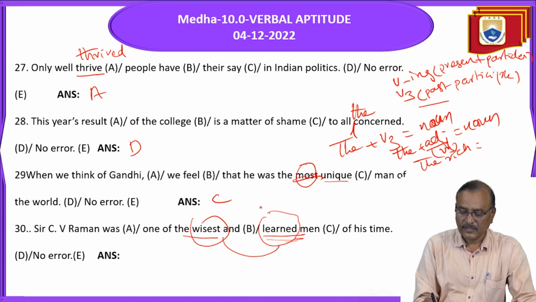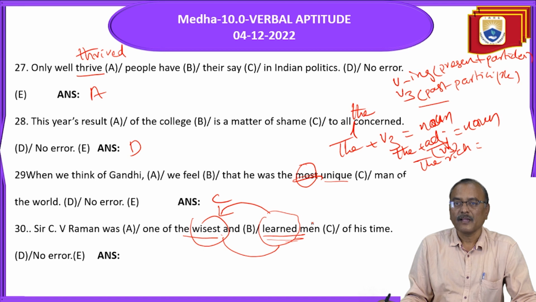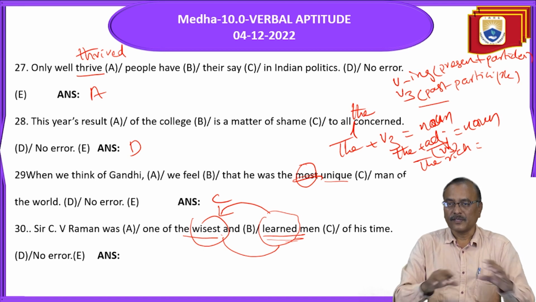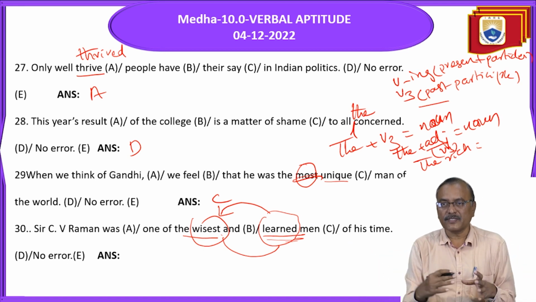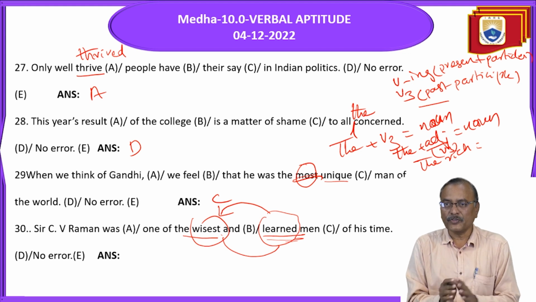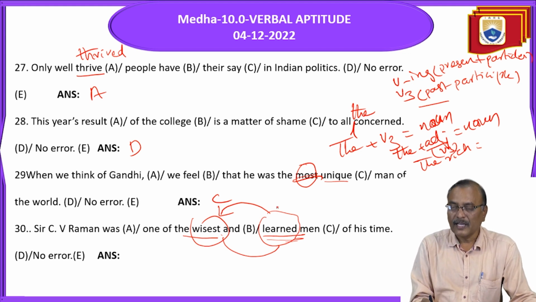Learned should come first. Wisest should come this side. So if two or three adjectives are added, first give preference to V3 form or V-ing form adjectives. Next only this type, wise, wiser, wisest.